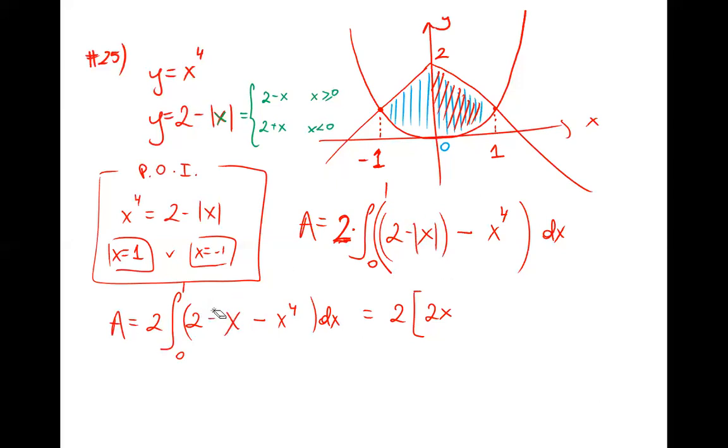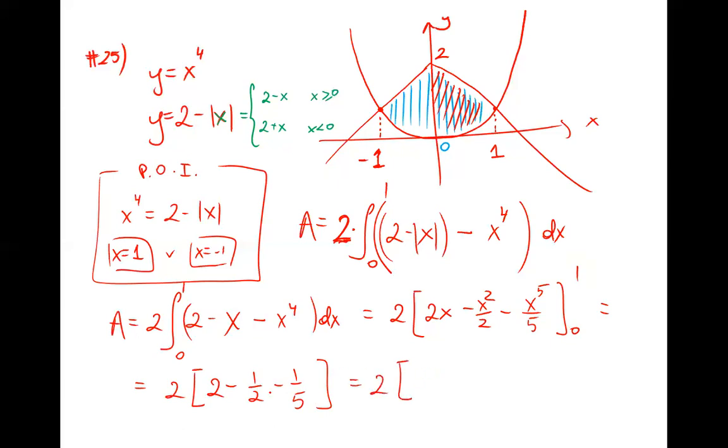Now we can integrate. The integral of x is x squared over 2. The integral of x to the power of 4 is x to the power of 5 over 5, from 0 to 1. Then we substitute 1: 2, minus half, minus 1/5, and substituting 0 we get 0, so we don't have to worry about it.